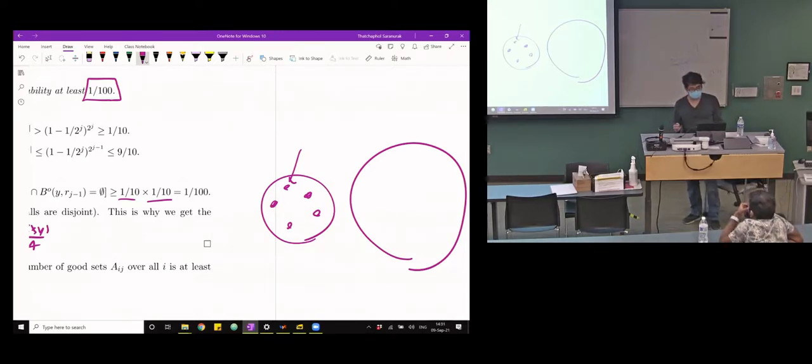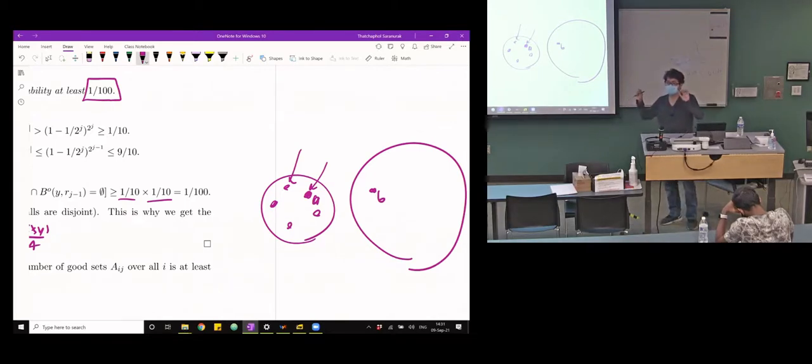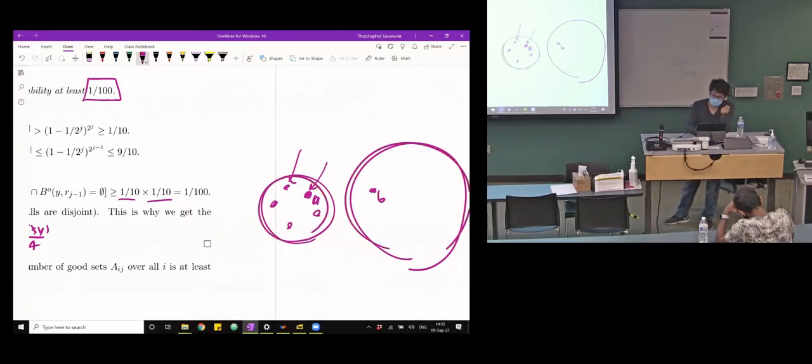One sec. Well, if I have point, let's call it A, and this point is B, whether I sample A or not, even if I know whether A is sampled or not, it doesn't say anything about B. That's what I mean by they are independent in this sense, and the two sets are disjoint.